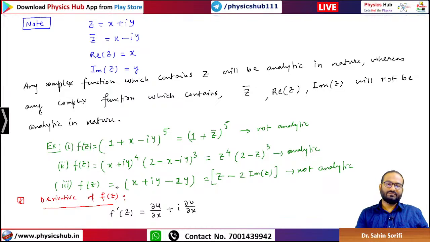So if I take the derivative with respect to x, you get del u by del x plus i times del v by del x. Now from the Cauchy-Riemann equations, what is this value? Del u by del x is equal to del v by del y, and del v by del x is equal to minus del u by del y. So you can write it in this way.